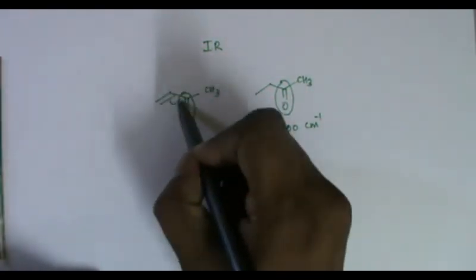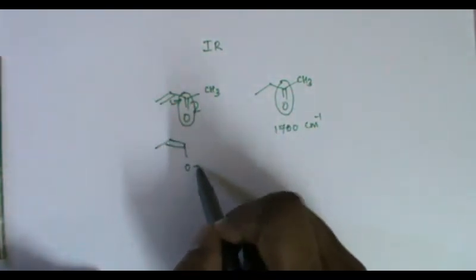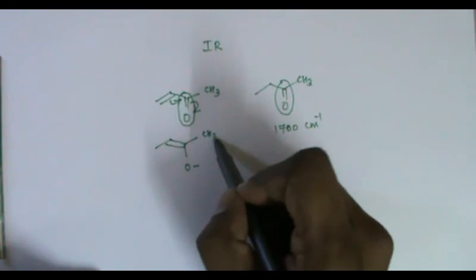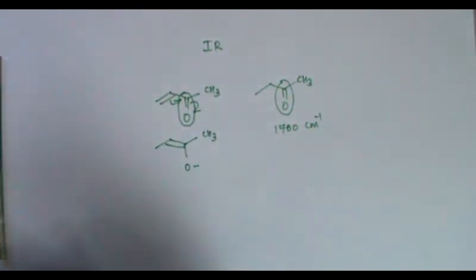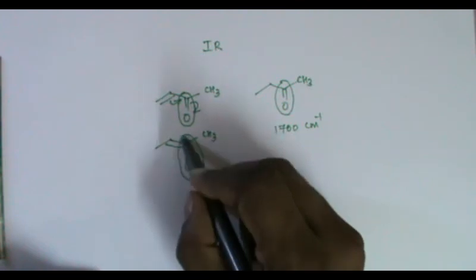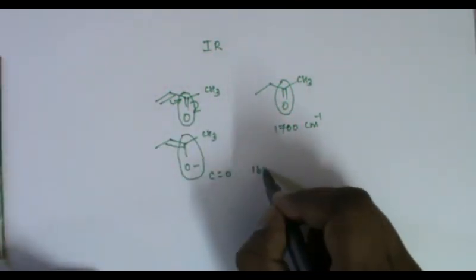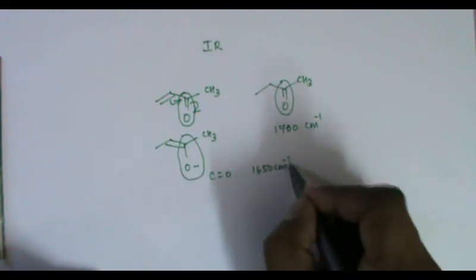But because of the resonance, this CO bond is no longer a double bond. So now it has single bond character. In the earlier case it is double bond, here double bond, but here it is single bond. Because of that, the CO stretching frequency will be around 1650 centimeter inverse. It decreases.